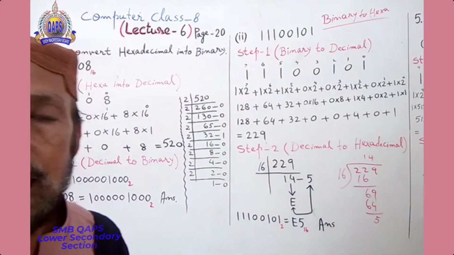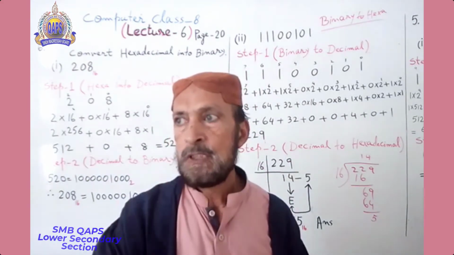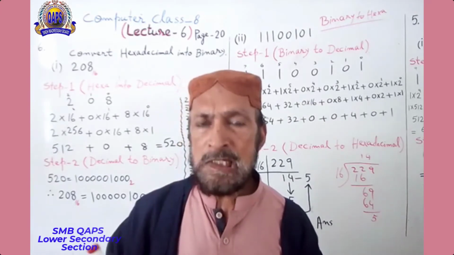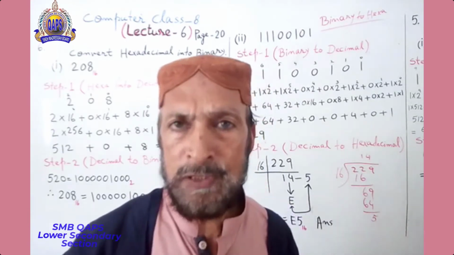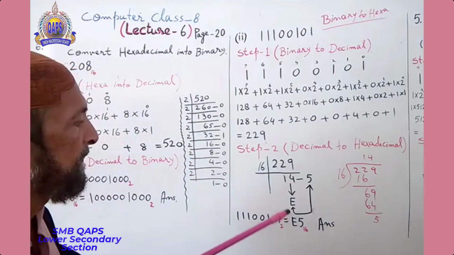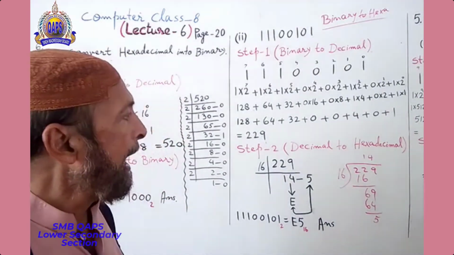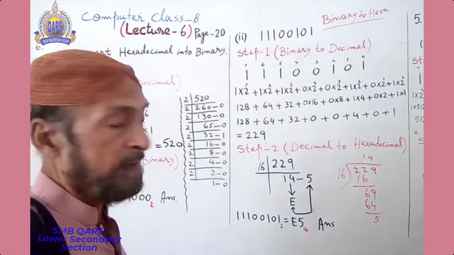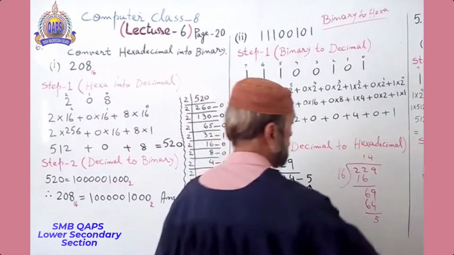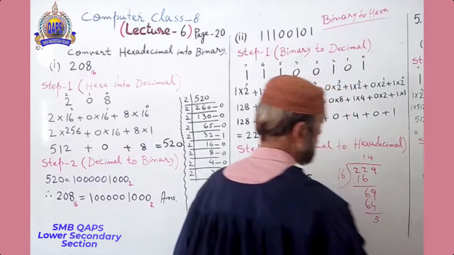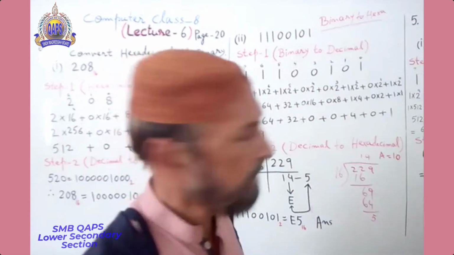So I wrote 14 over here and 5 left. In hexadecimal, we have no number 14. So, what is the equivalent of 14? What is the equivalent of 14? E. Why? The reason is that I told you A is equal to 10.